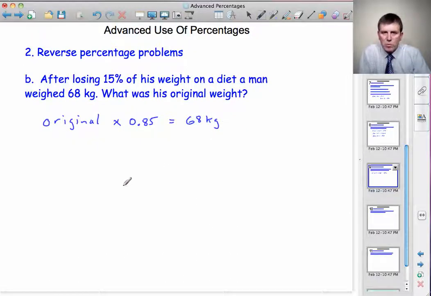So to get back to his original weight, we have to do the opposite. Instead of multiplying by 0.85, we need to divide by 0.85. So if we start with our 68 kilograms and divide by 0.85, we will be back to his original weight.